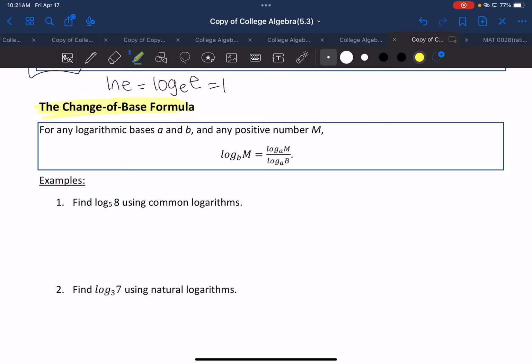And it's by using this change of base formula, which allows us to convert any log into this fraction here using any base we want. So this formula says that for any logarithmic bases a and b and any positive number m, log base b of m is equal to log base a of m divided by log base a of b.